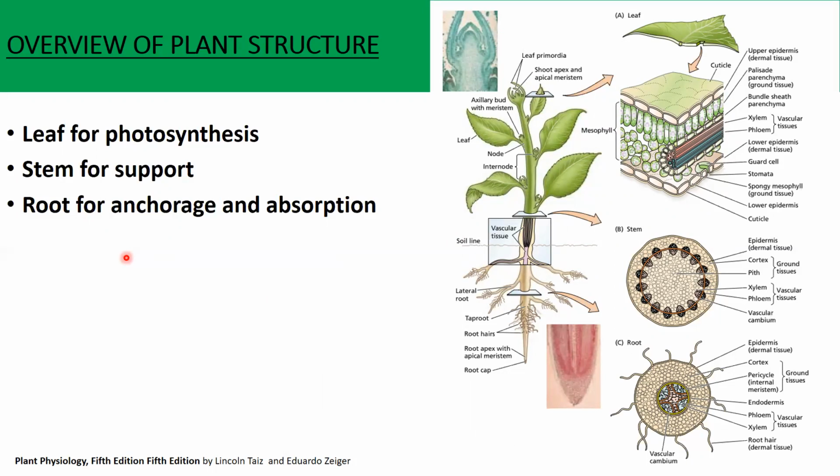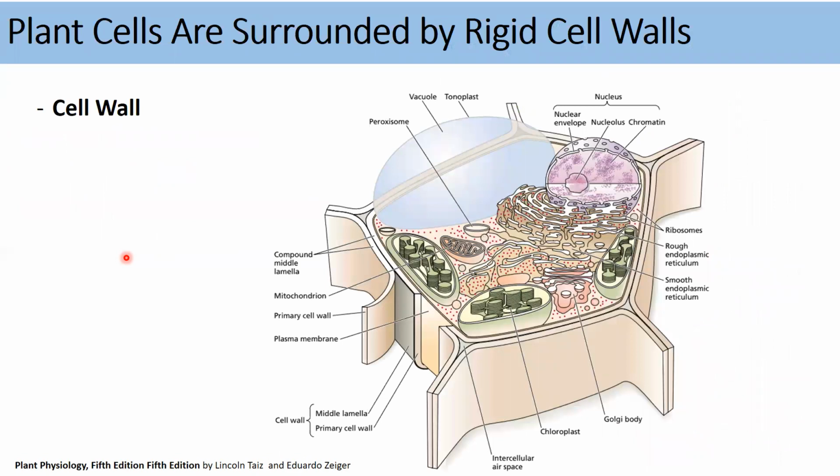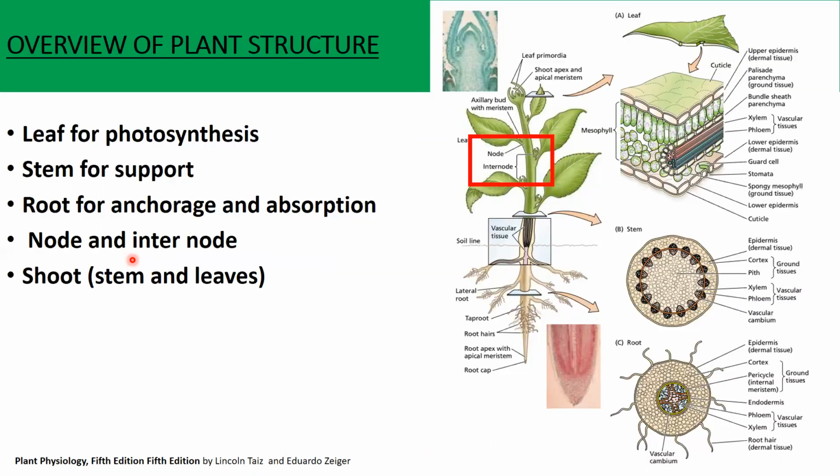Leaves are attached to the stems at nodes, and the region of stem between two nodes is called the internode.